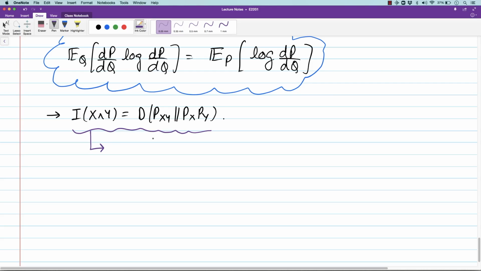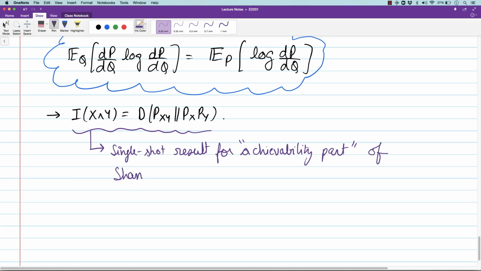And that single shot result for the achievability part of Shannon's channel coding theorem still holds. So there we were asking, to begin with, for some bound for the ratio of densities pxy by pxpy.